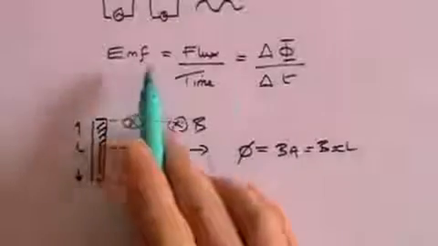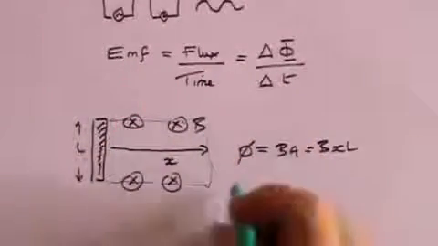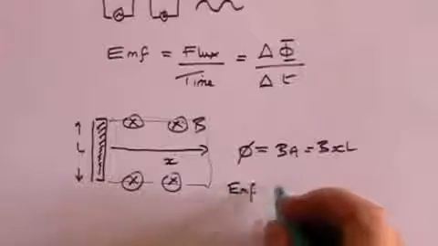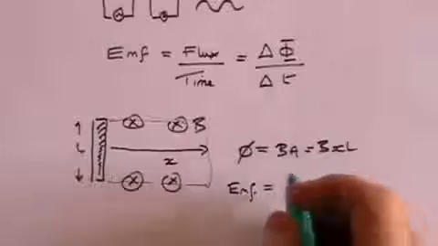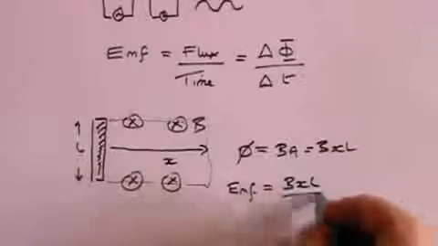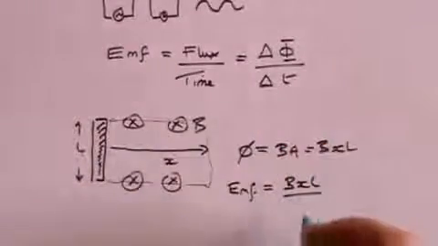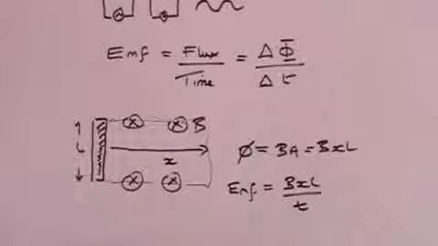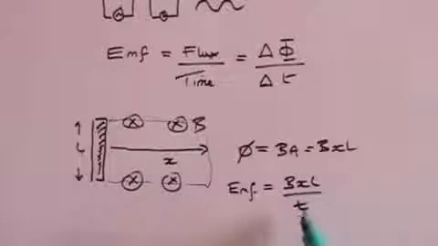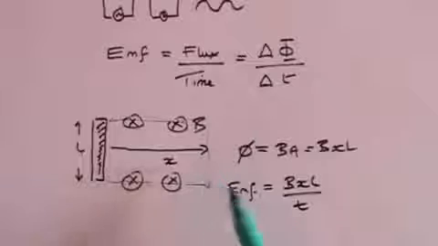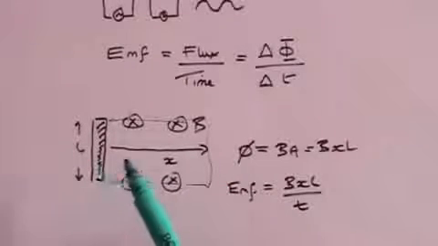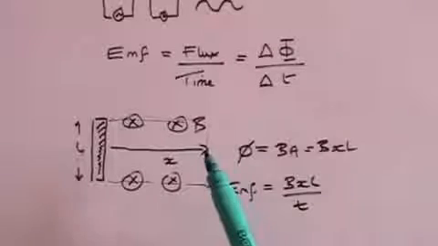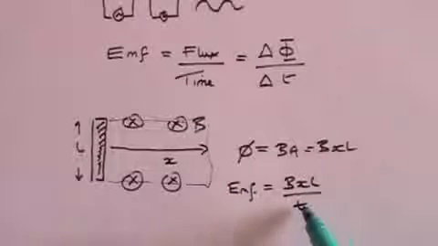So now we can say from this formula that the EMF is equal to the flux change, which is BxL, divided by the time change, which is t. But x over t is simply the velocity at which this bar is pulled across. So x over t is simply the velocity.